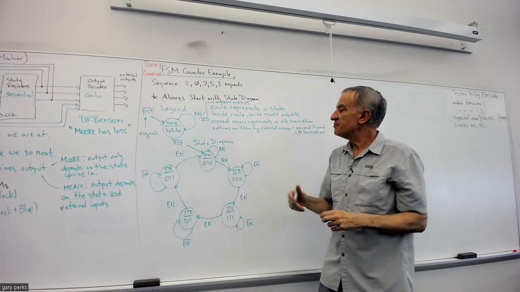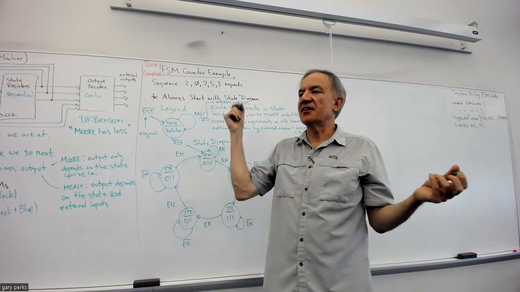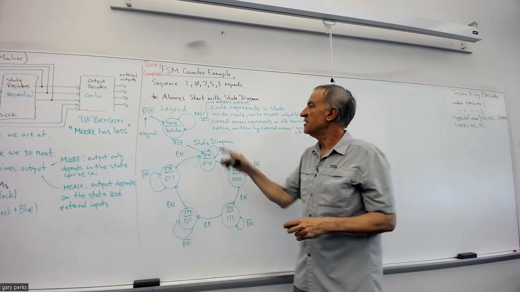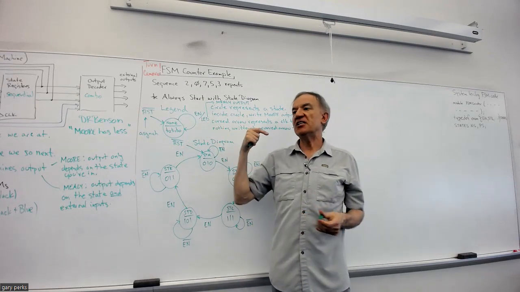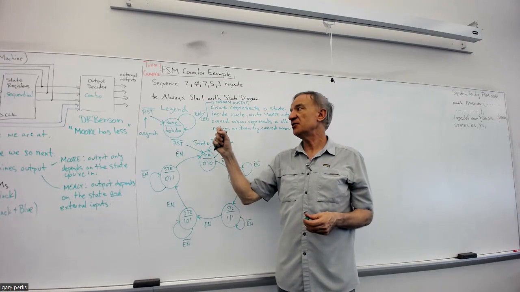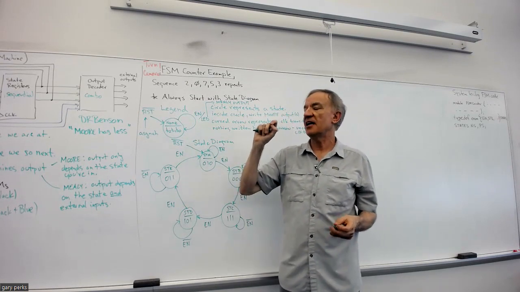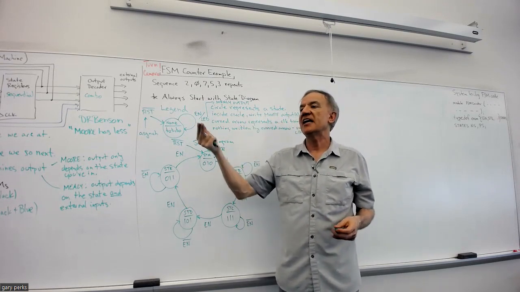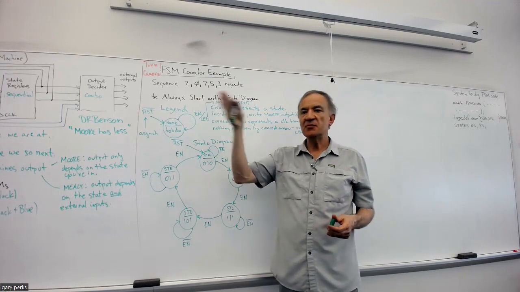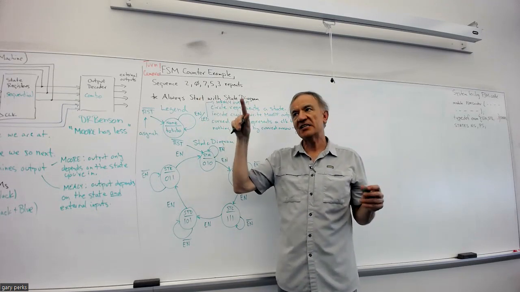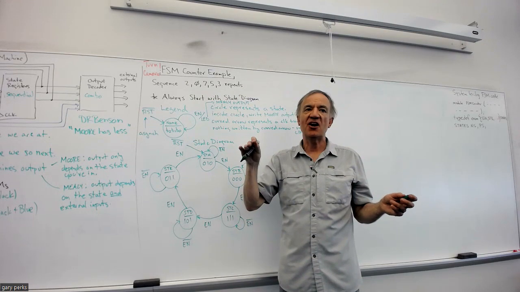Again, as the designer of this example, I decided that I want the LED to be on when we start the sequence, and I want the LED to be on when we get to the end of the sequence. Within the middle of the sequence, or if we're not progressing through the sequence, I want the LED to be off.